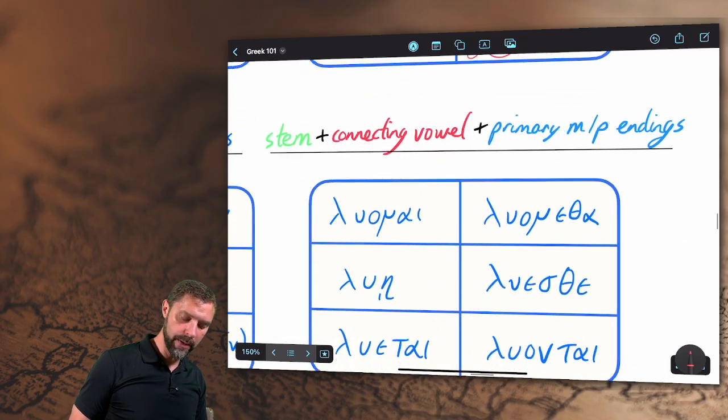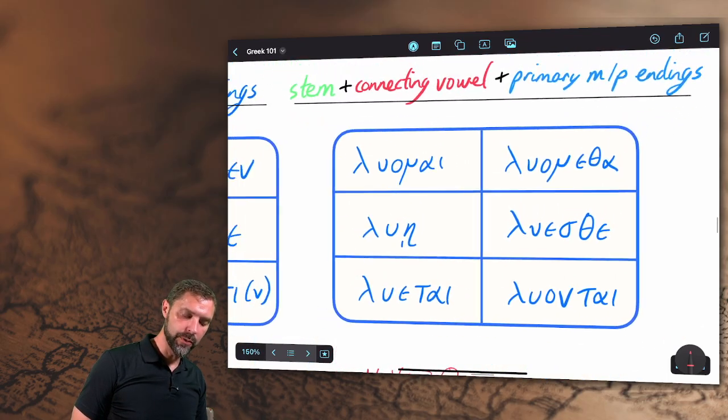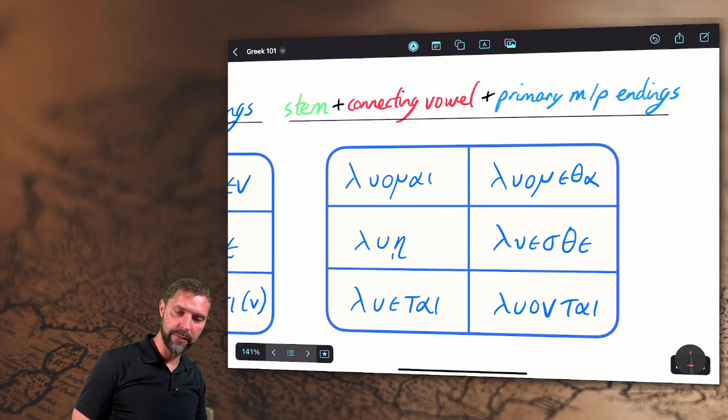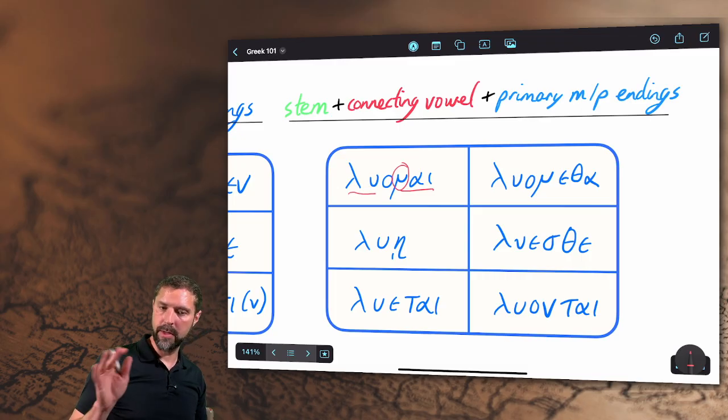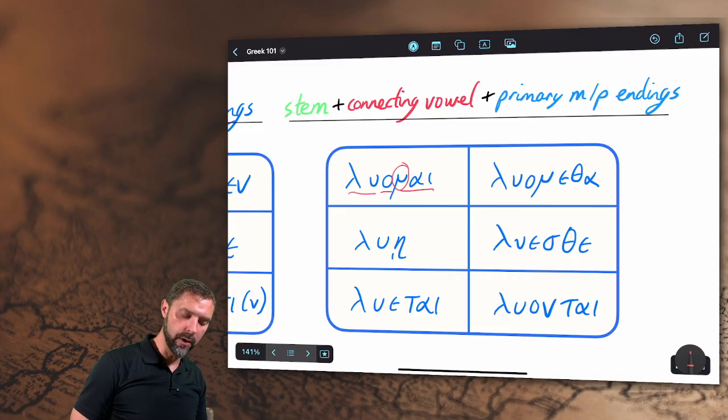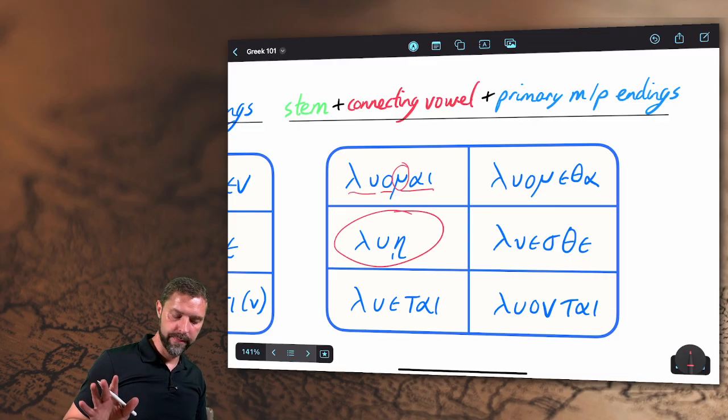But I put that into implementation here, and I'll do here stem plus connecting vowel plus primary endings. Lu, stem, mai ending, okay, look at the ending, it's a mu, that's going to be M-N-O, an omicron, let's put an omicron, luomai. Luei is just a random raw memorize it. But here I've got stem, etai ending, this is not a mu or a nu, so I'm going to use an epsilon connecting vowel, luetai.